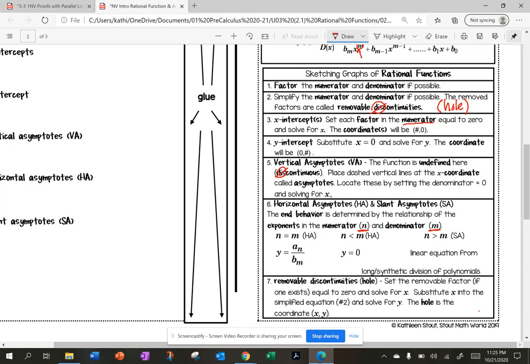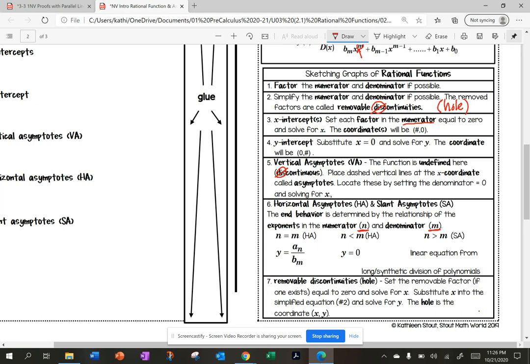When the degree in the numerator equals the degree in the denominator, I have a horizontal asymptote at the ratio of the coefficients of the leading terms. If the degree of the numerator is less than the degree of the denominator, I have a horizontal asymptote at y equals 0. And if the numerator degree is greater than the denominator degree, then I have a slant asymptote.